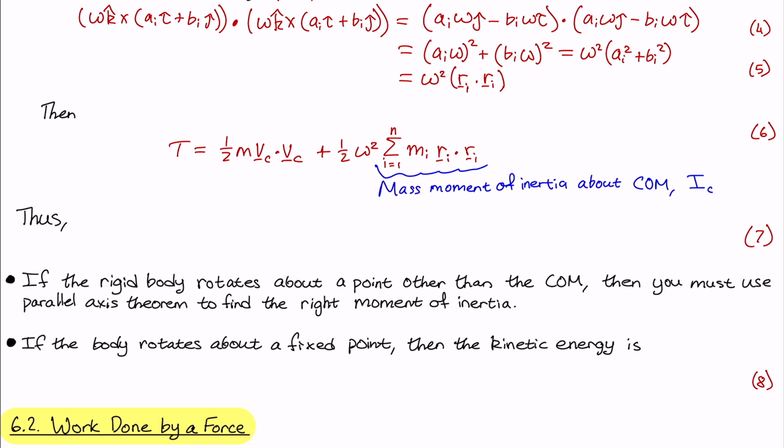And then we can write that the kinetic energy is equal to 1/2 m times the velocity of the center of mass dotted with itself, plus 1/2 times I_C omega squared.